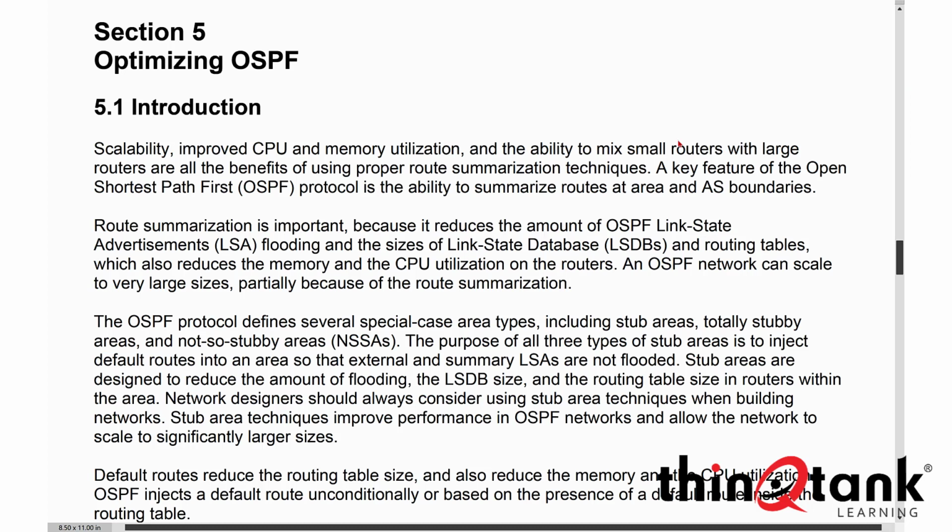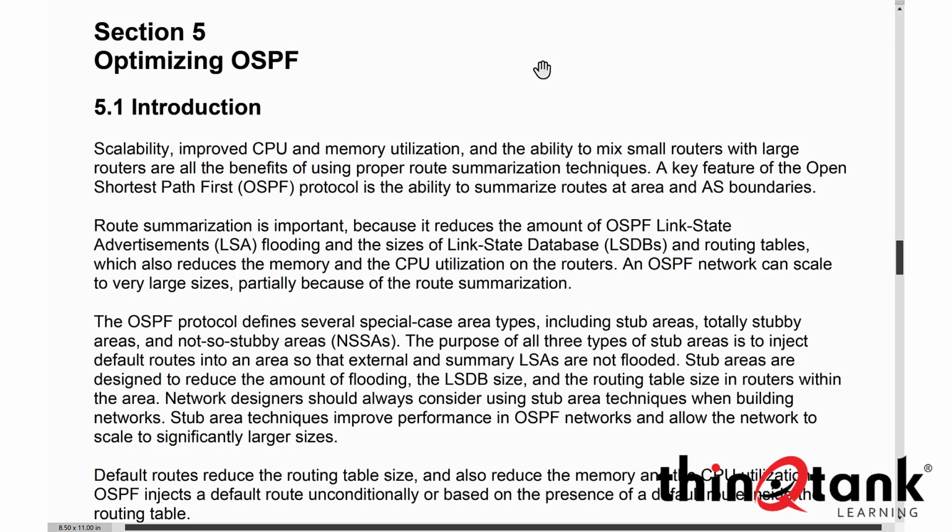Some of those optimizations include things like summarization and special area types. We're going to talk about that in this section, as well as authentication to enhance the security. We know that OSPF is a link state routing protocol, and as such, in order for it to scale to the environment that we want, we definitely need to make improvements on how information is shared between the routers and how we can reduce the amount of information that goes into our link state database.